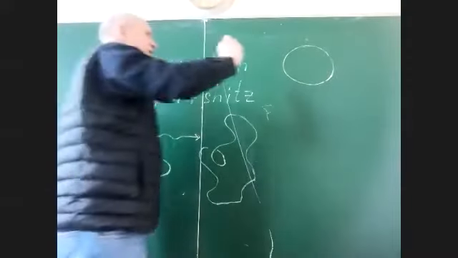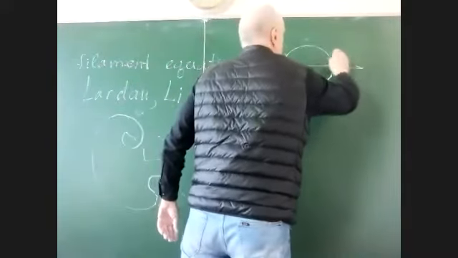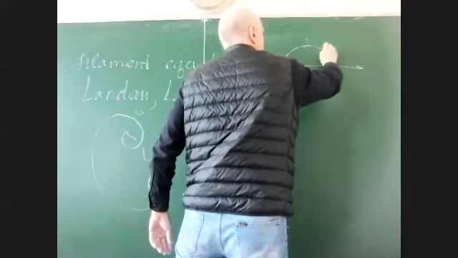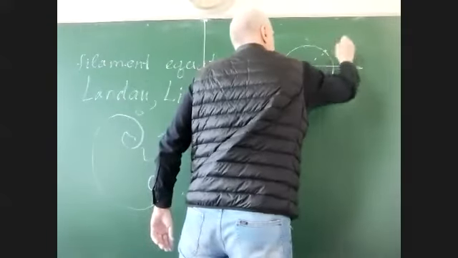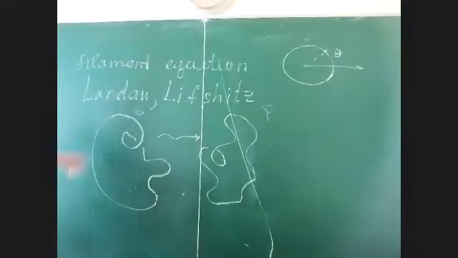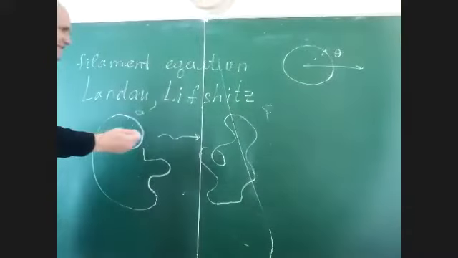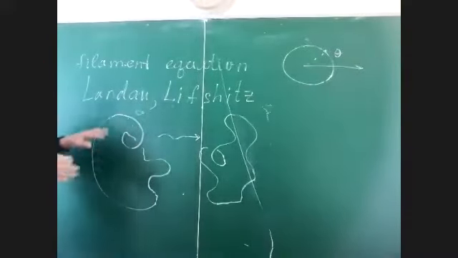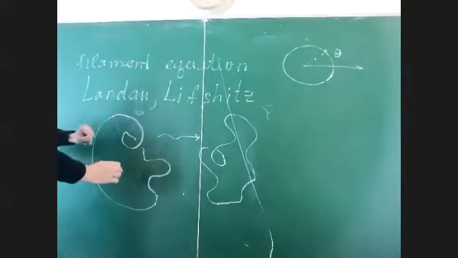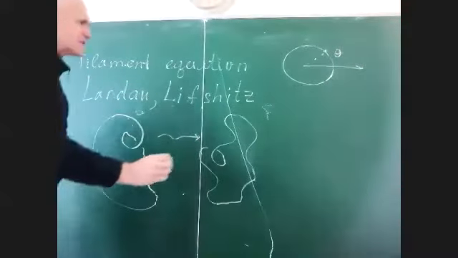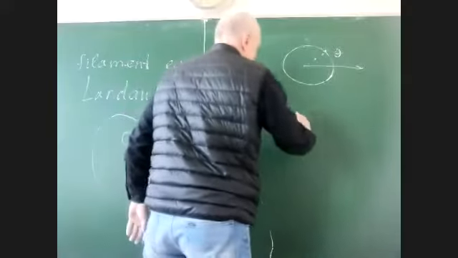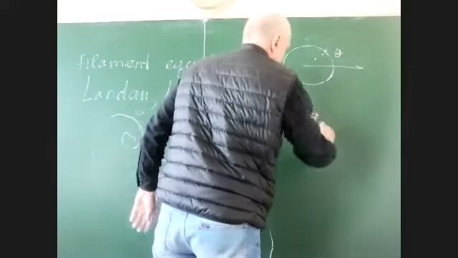And if we have here natural parameterization by theta, then at the time t, our curve can be described by x(theta, t).